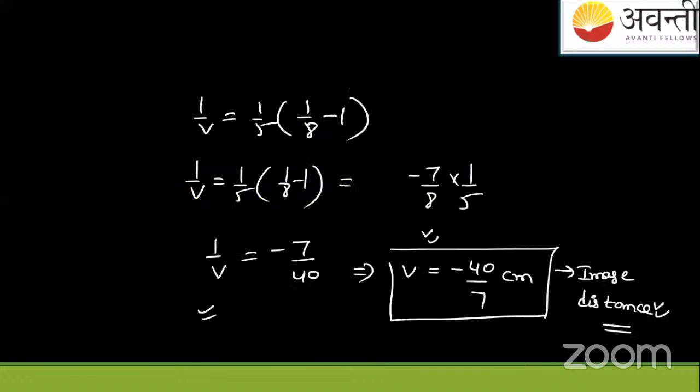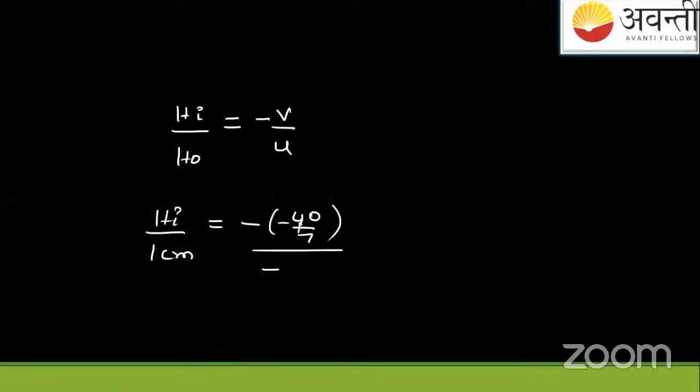So through this, height of the image will be 40 by 7 divided by 40, so this will be minus 1 by 7.